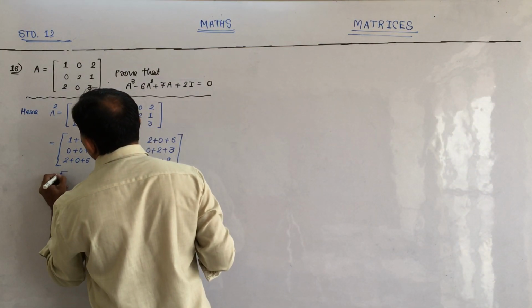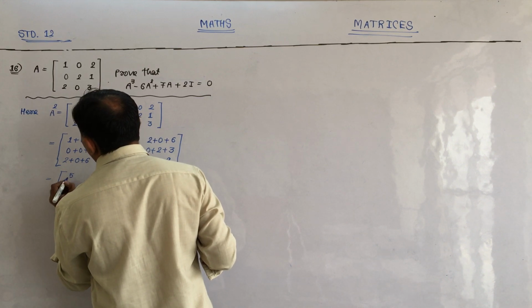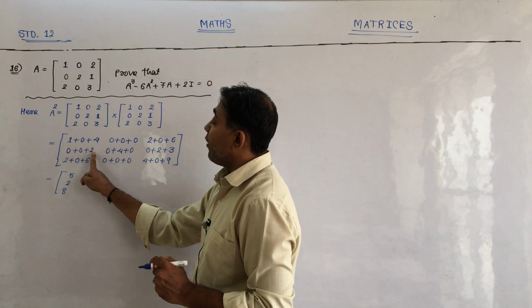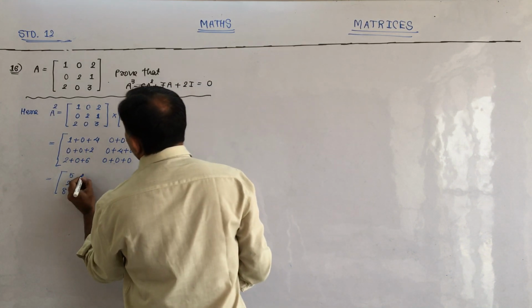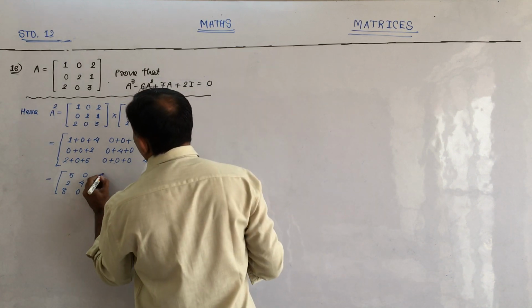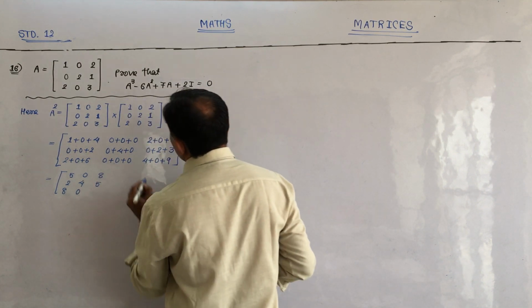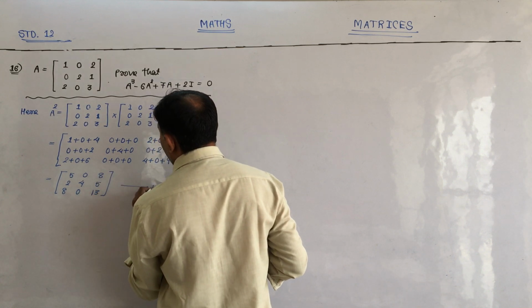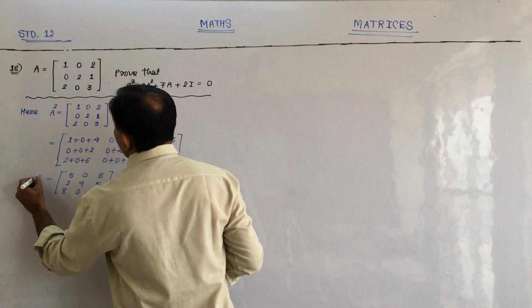We may say that 5, 2, 8, then 1 plus 4 is 5, 2, and 8, 0, 4 again 0, and 8, 5 and 13. This is A square, say as result number 1.